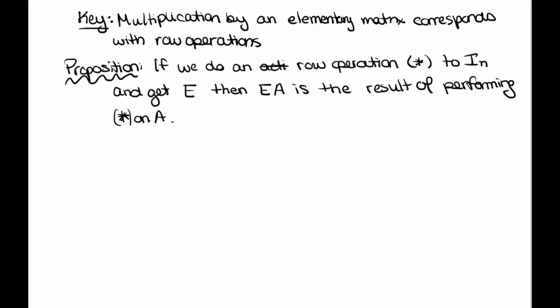Row operations can be written as multiplication. Row operations are kind of fuzzy to describe, and here we have them being described a lot more concretely as multiplication.